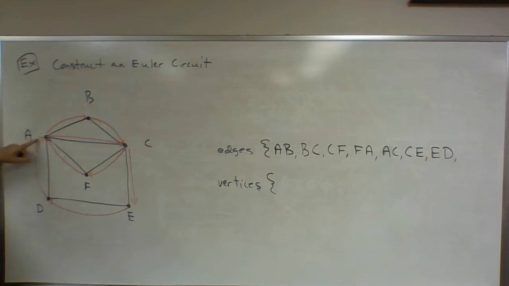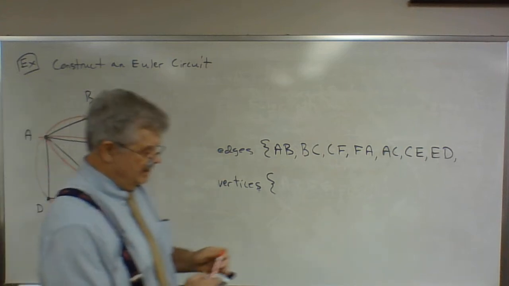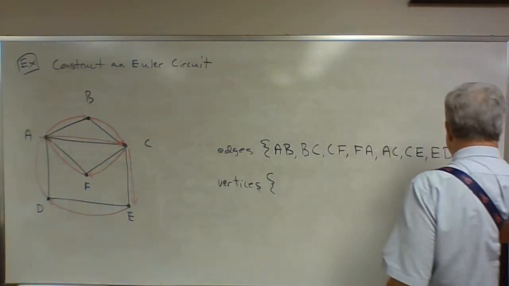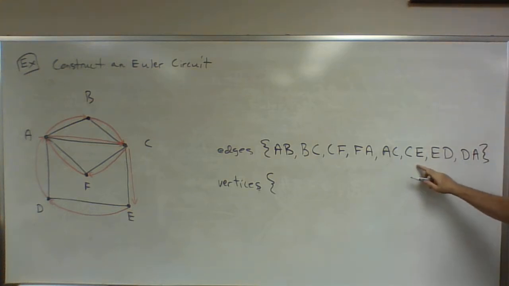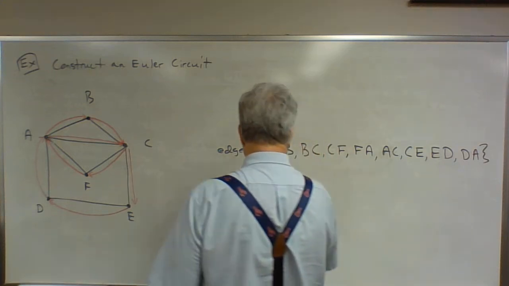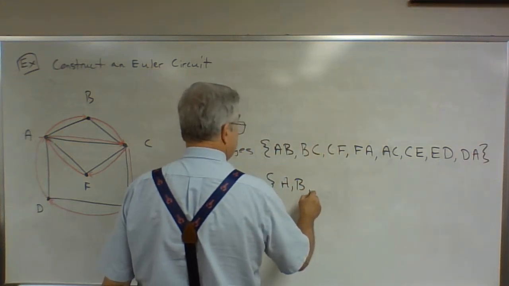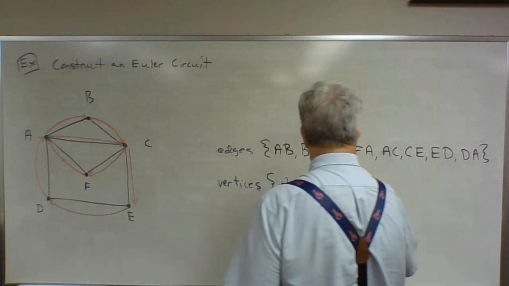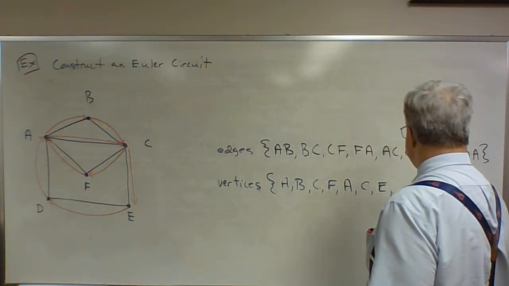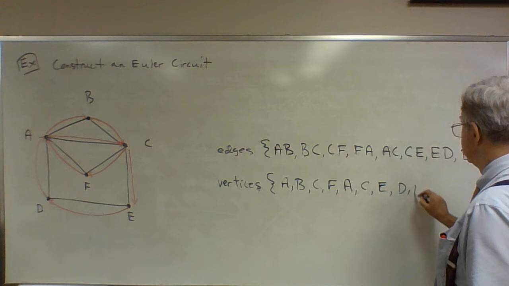And I wound up right back at the same vertex that I started at. So here's my sequence of edges. And as far as vertices go, it's A, B, C, F, A, C, E, D, A.